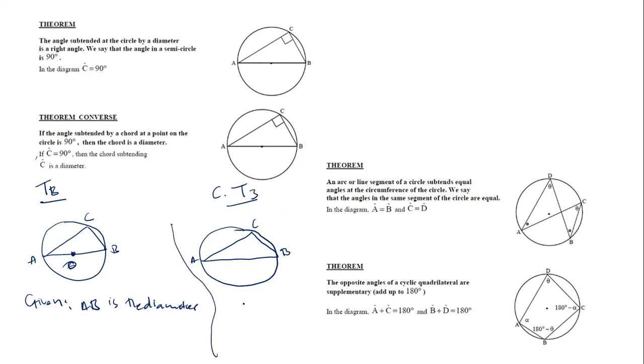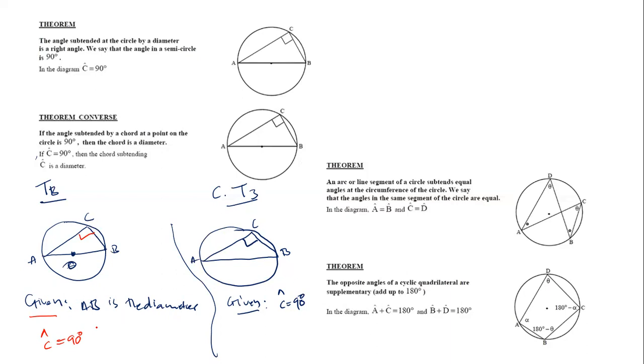But here in the converse of the theorem, we are given that here we have 90 degrees. Angle C is equal to 90 degrees. Let's start with the theorem. If you are told that AB is a diameter, that means angle C is equal to 90 degrees.